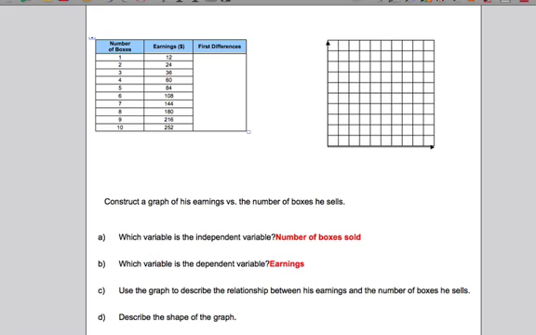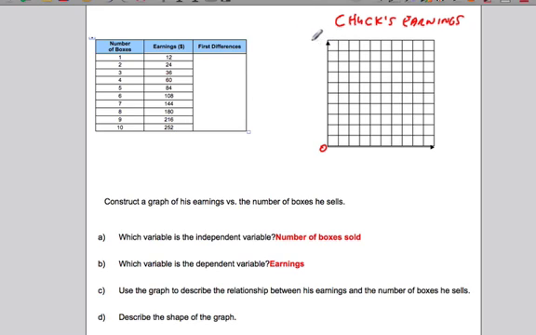Now, if we're asked to graph this, what we have to do is put down Chuck's earnings as the title. And we're going to go from 0 up to 250, and we could go to 252.